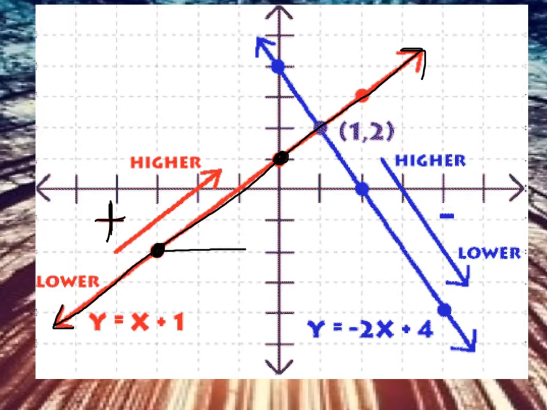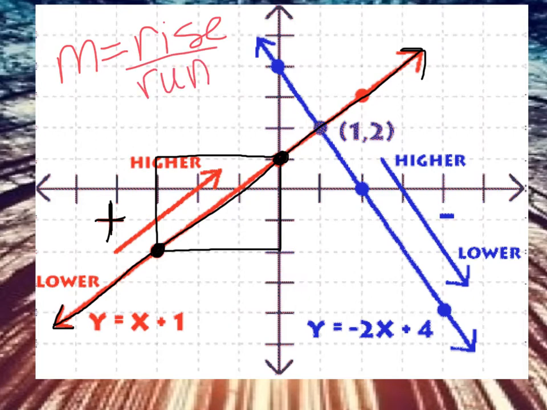And I'm going to do rise and run. And you can either do that below the line or you can do it above the line. So let me switch to red now, since we're going to be doing the red line. First, let's remember that slope is rise all over run when you're looking at a graph.